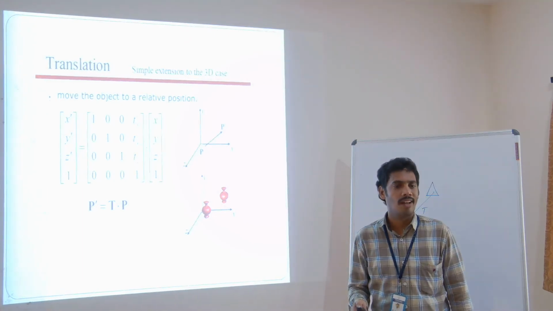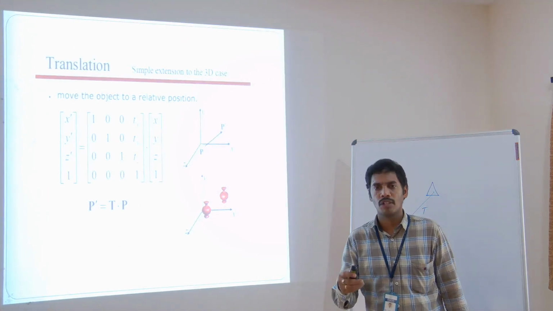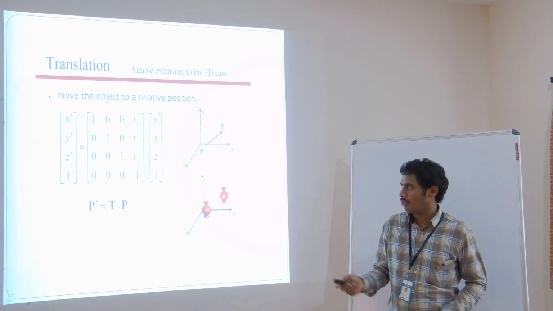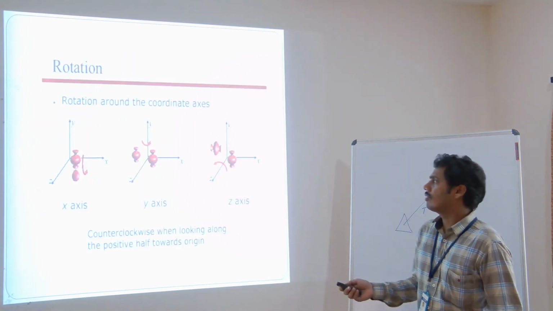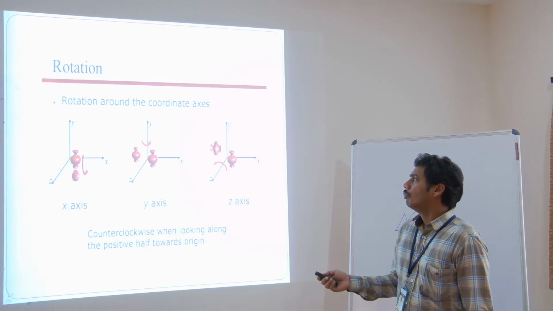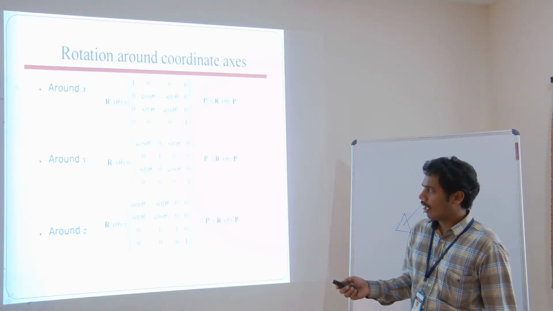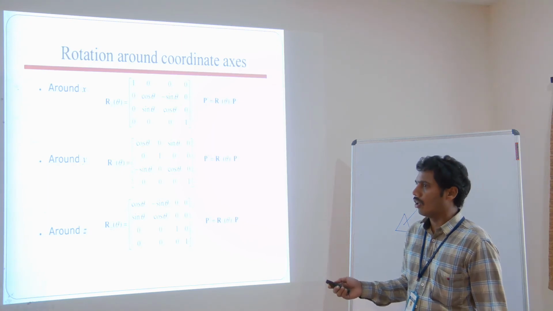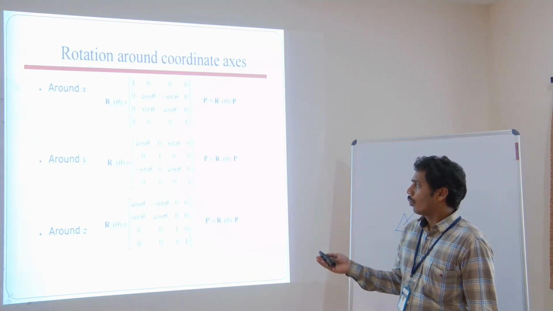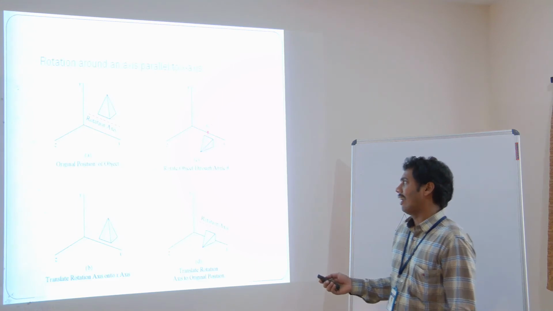Here I am rotating the object. In all these cases we are trying to move the object from one place to another, or reduce the size of an object, or rotate the object clockwise or anti-clockwise.